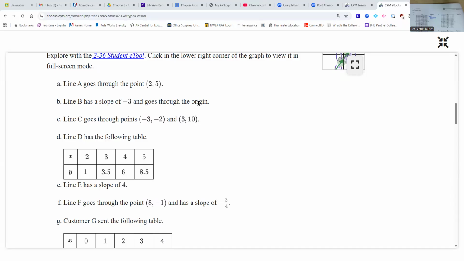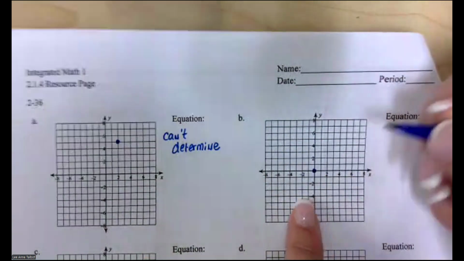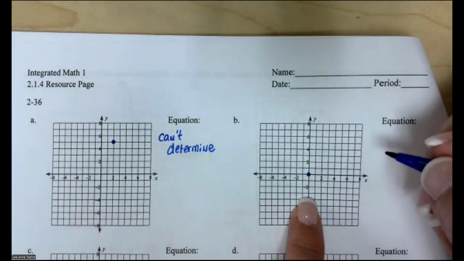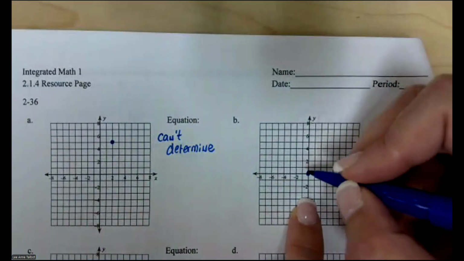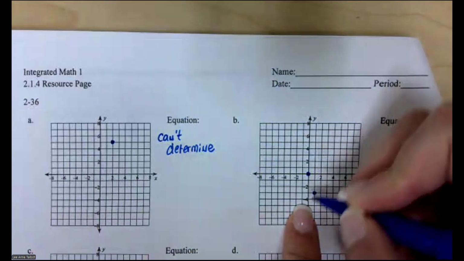Line B has a slope of -3 and goes through the origin. What coordinate is the origin? 0, 0. Okay, so you're going to start by graphing a dot at the origin. And it says it has a slope of -3, so you're going to go down 3 over 1.